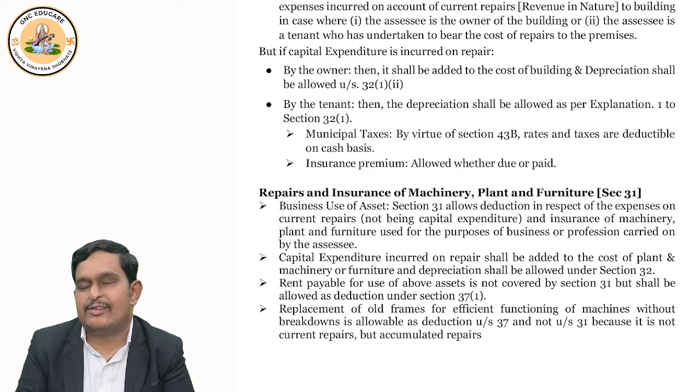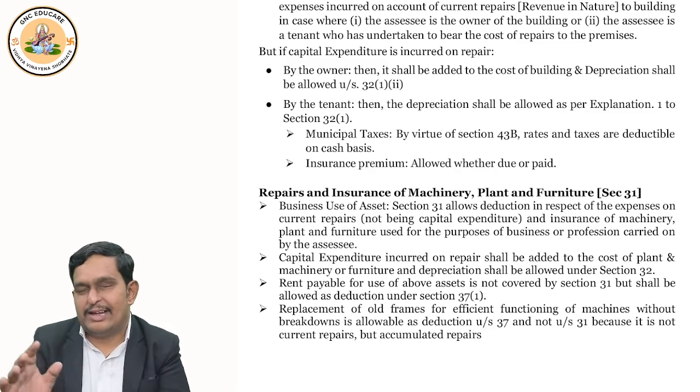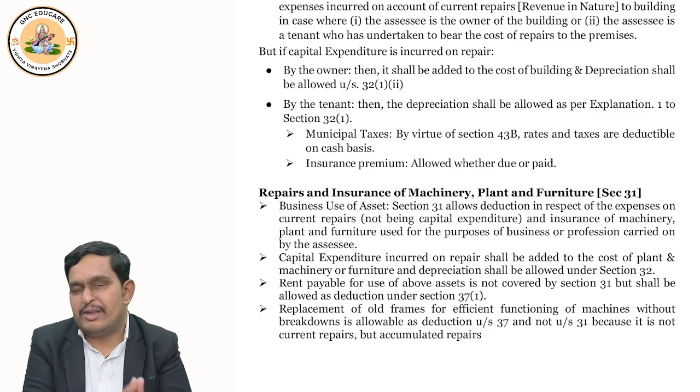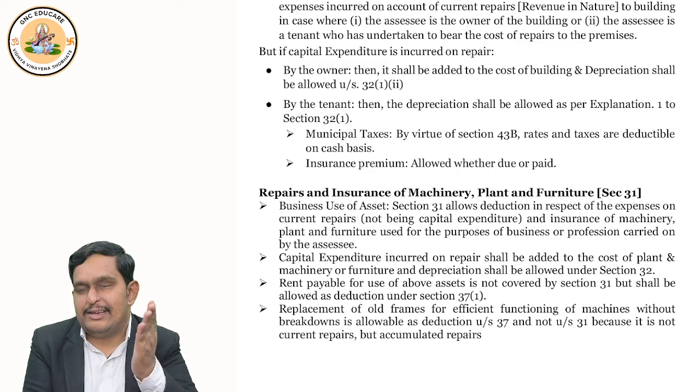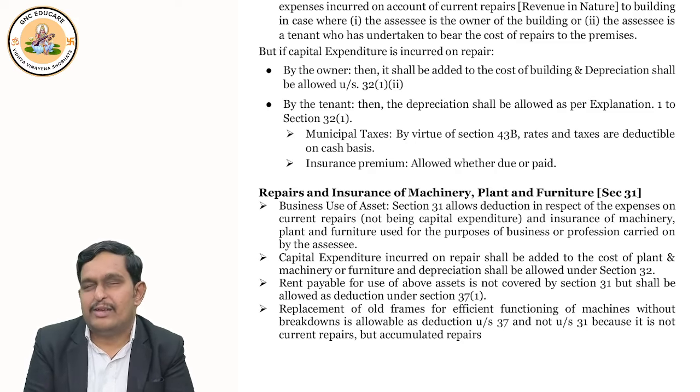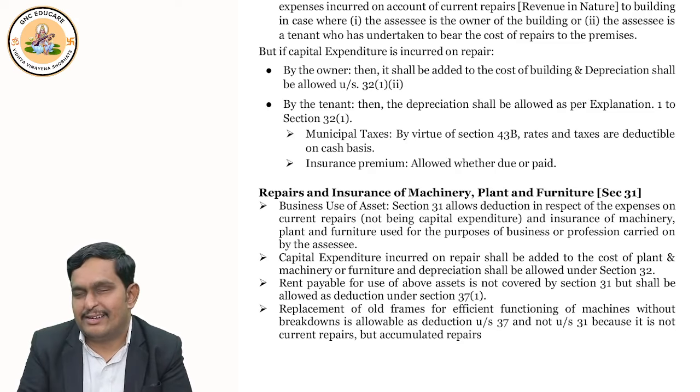But if input tax credit is not claimed for plant and machinery, then you can claim depreciation under income tax. So under GST, you take input tax credit, then forget about depreciation under income tax. Right? If you want to take depreciation under income tax, then forget about input tax credit under GST. Okay? This we will discuss when the GST comes in detail.